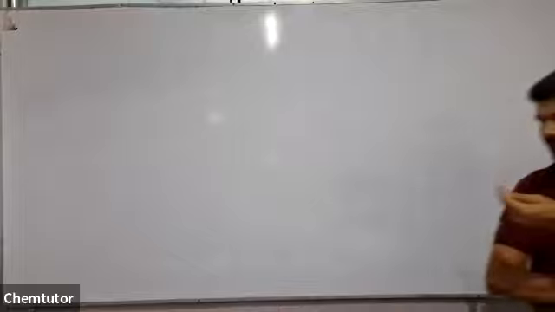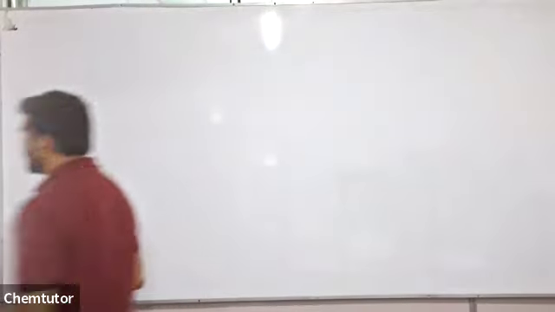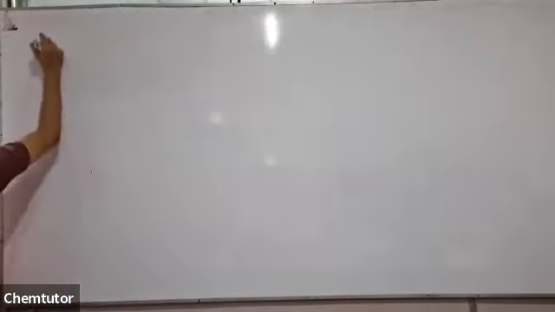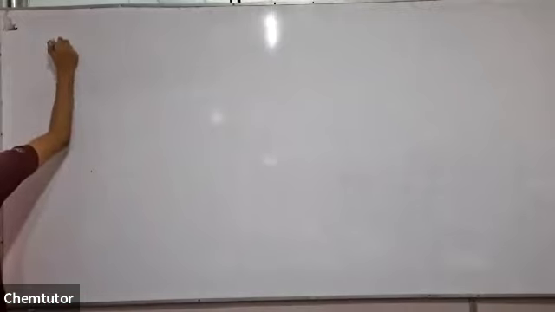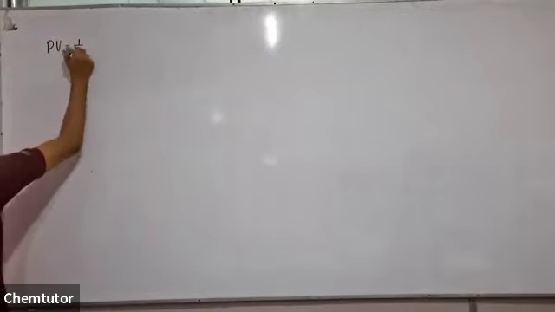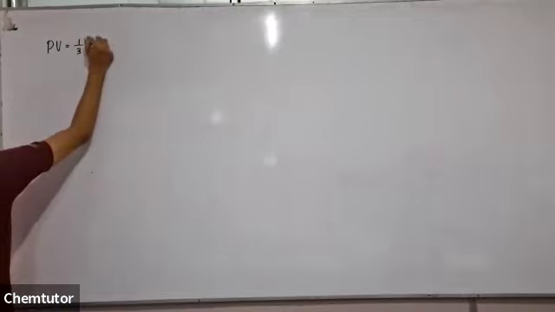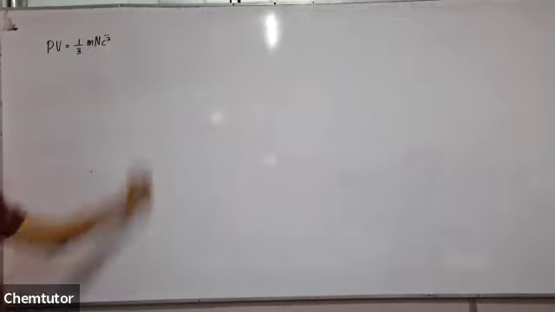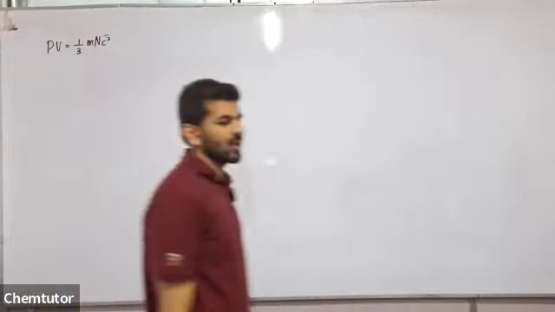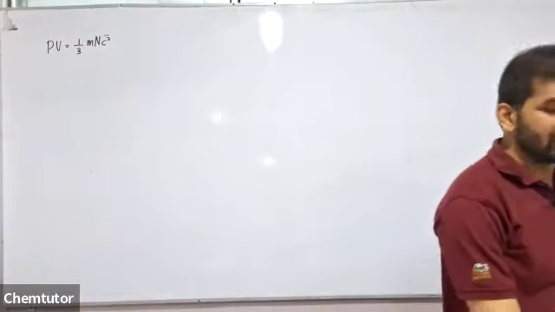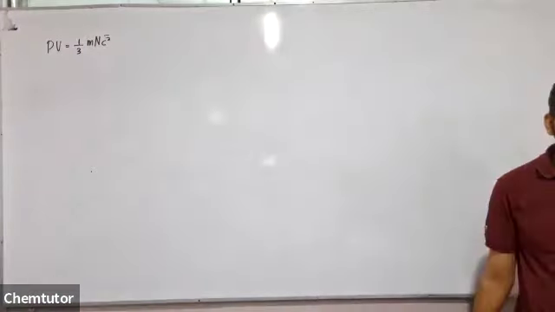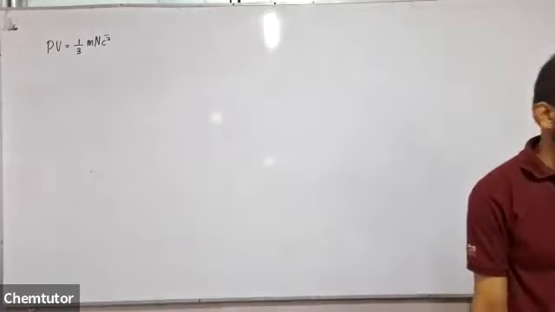So that we can apply the equation of molecular kinetic theory, that is PV equals 1/3 m N c square bar. So that is the equation that is given. Is it clear?